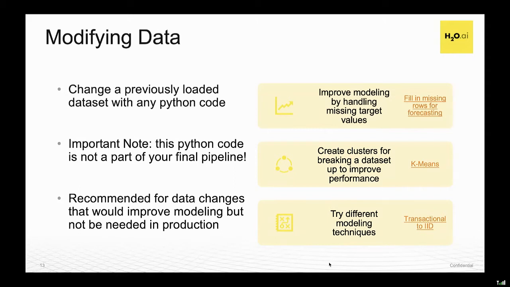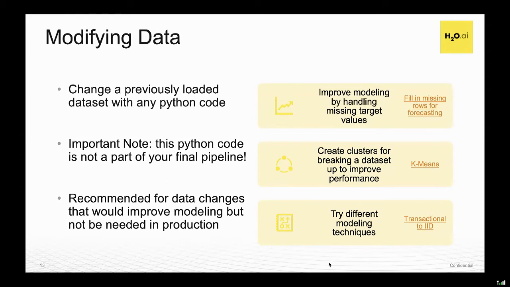How do I do this really quickly in Driverless? The story used to be you had to leave Driverless, prep the data, and bring it back in. But now we have the ability with modifying data recipes to actually use Python to fix the data within Driverless. So any data that's been loaded into Driverless, we can now change using Python code.